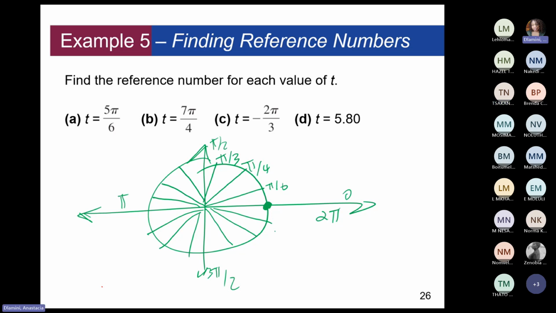So let me label them. 1, 2, 3, 4, 5, 6, 7, 8, 9, 10, 11. I'm labeling the lines. Which line am I going to?